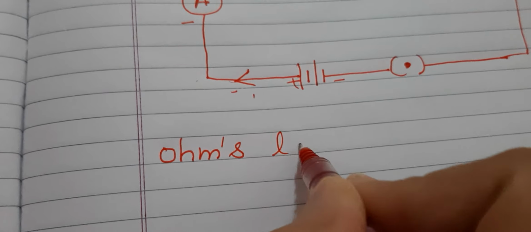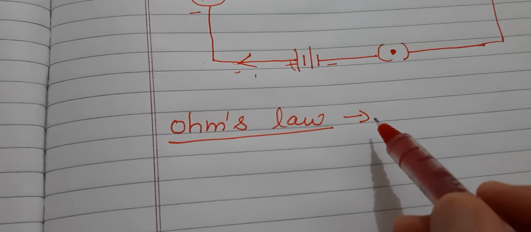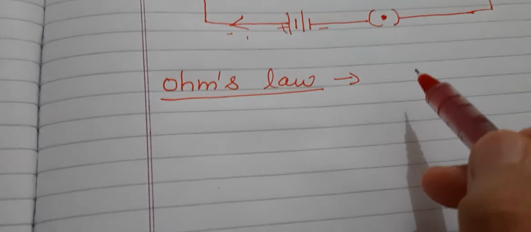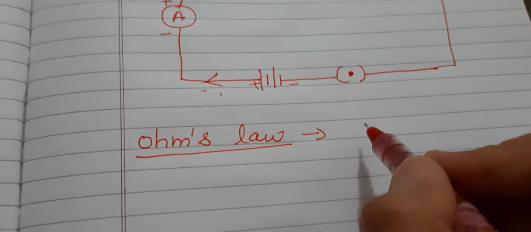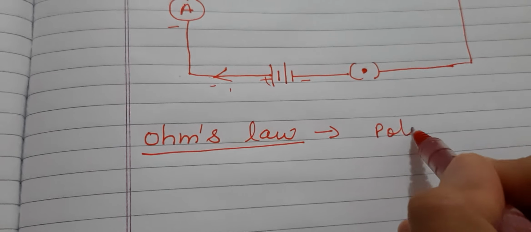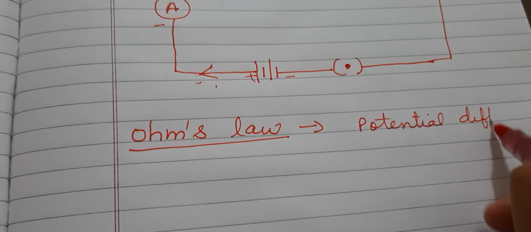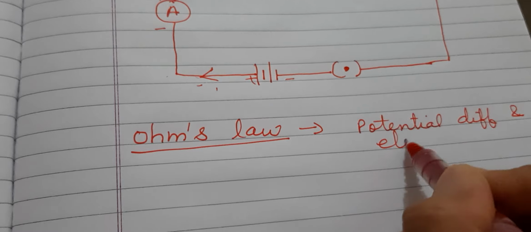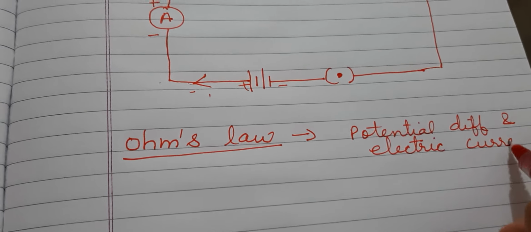Now next is again a very important point, that is Ohm's law. In the last video children, we have studied what is potential difference and what is electric current. One scientist, George Simon Ohm, found out a relationship between potential difference and electric current.